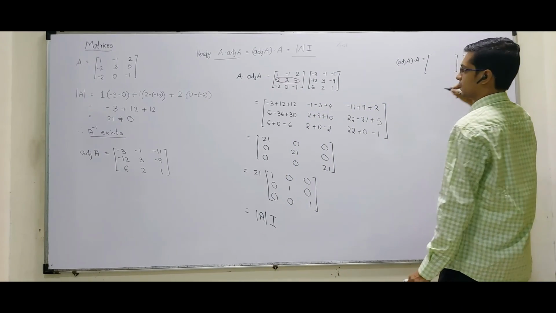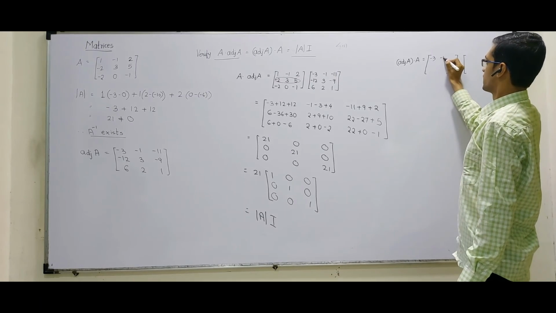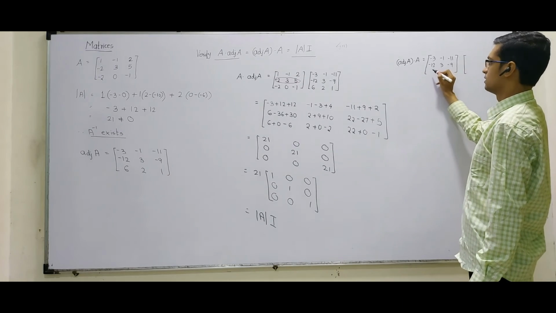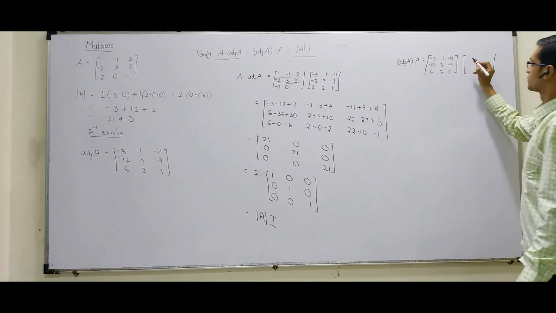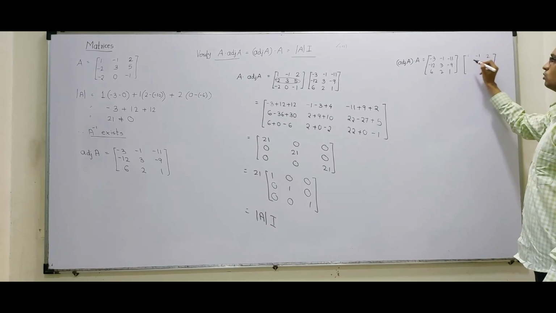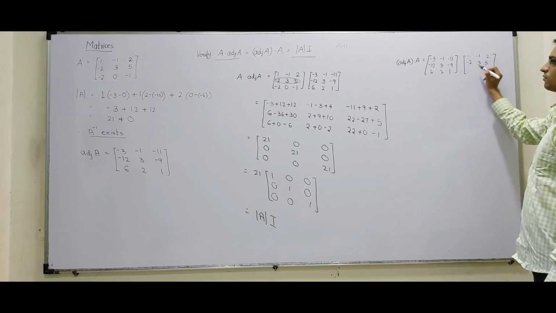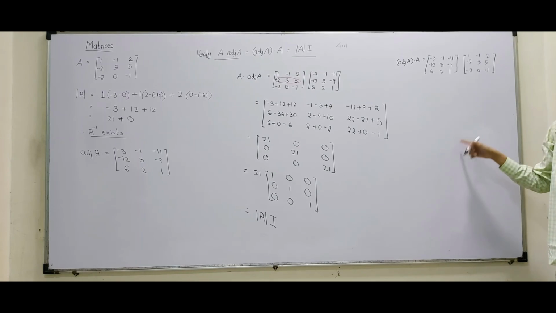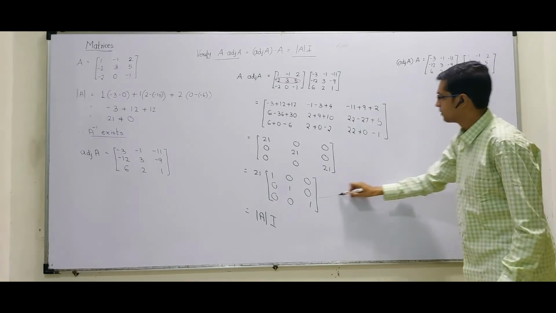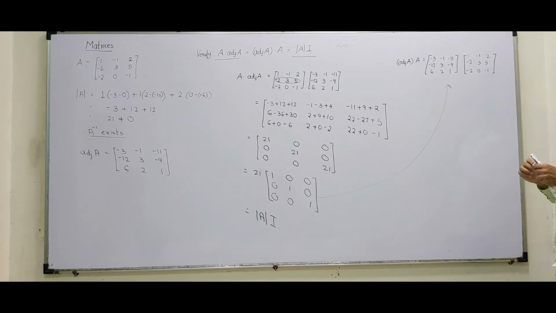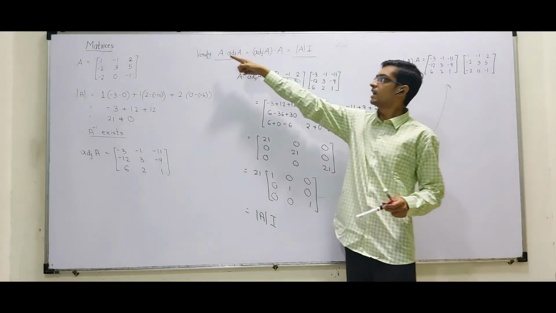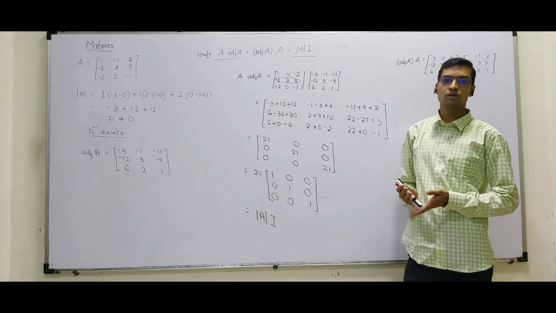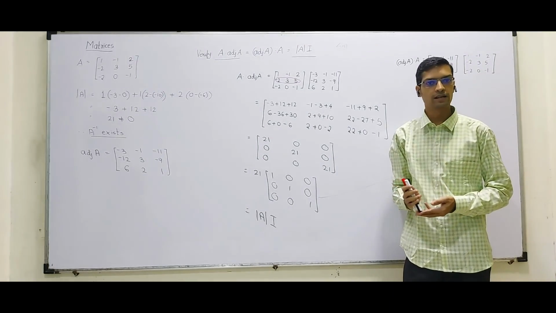You have to multiply and tell: -3 -1 -11, -12 3 -9, 6 2 1, times 1 -1 2, -2 3 5, -2 0 -1. You will solve this multiplication and you will see that you will get the same answer. Since you are getting the same answer, you can say that A into adjoint A is equal to adjoint A into A is equal to mod A into I. Okay, thank you.